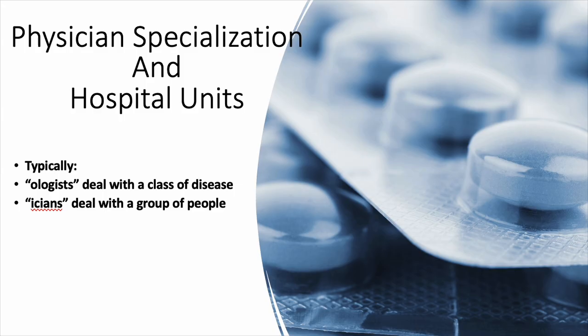Now, this is really beneficial for resources and safety as well, something else I want to mention. Advanced units are going to require highly trained specialists, specialized nurses, and advanced equipment. And if every hospital tried to run every type of unit, specialists would be spread way too thin. Staff would have even lower case volumes, if you will. So outcomes could worsen and costs would be a lot greater.